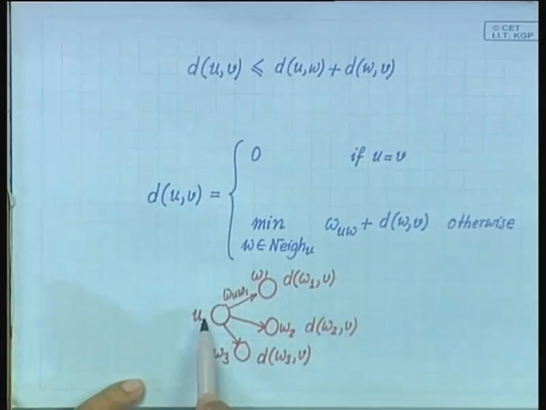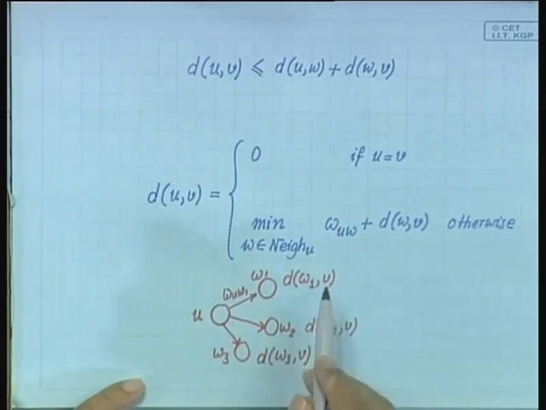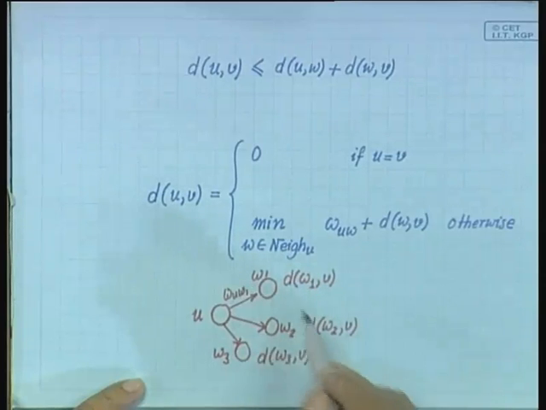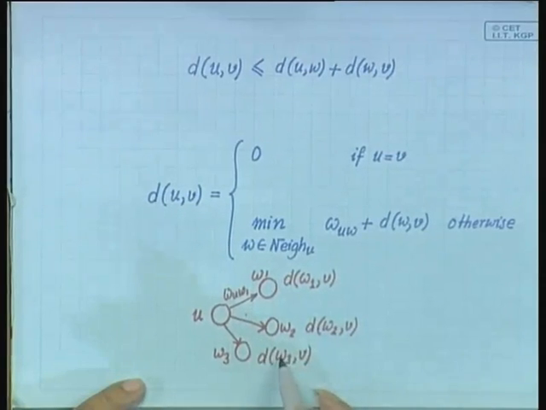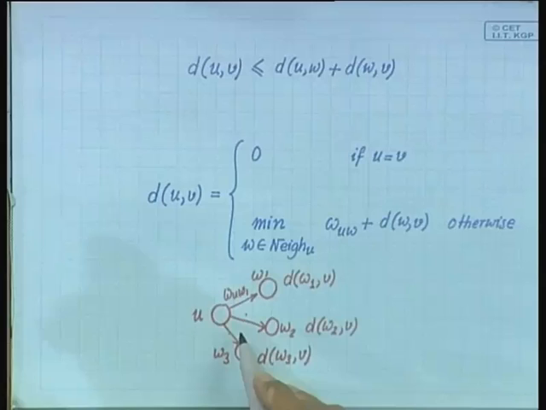Then the distance from u to v is the minimum of this plus this, this plus this, and this plus this weight, right. It has to be that.